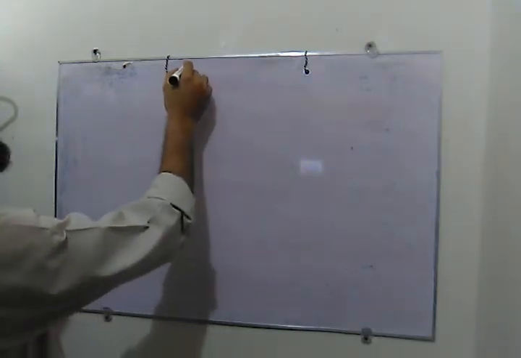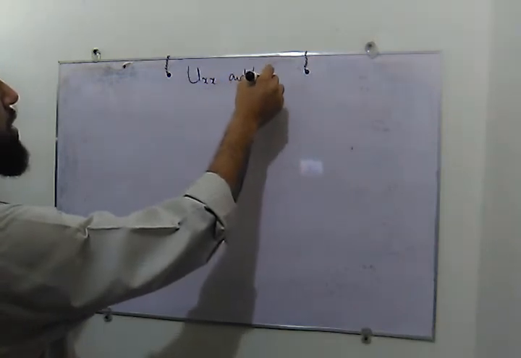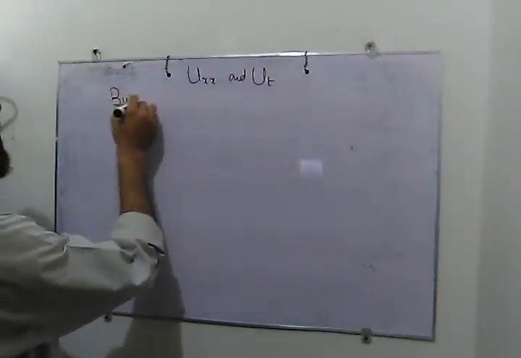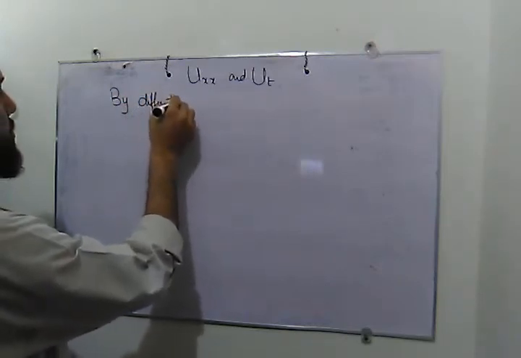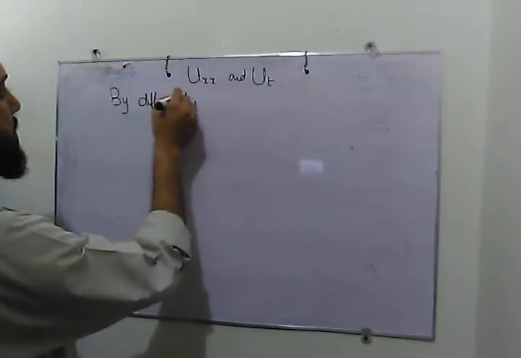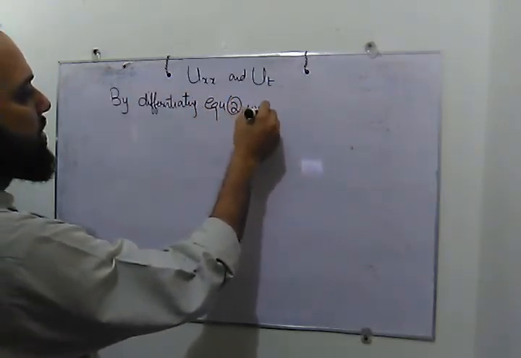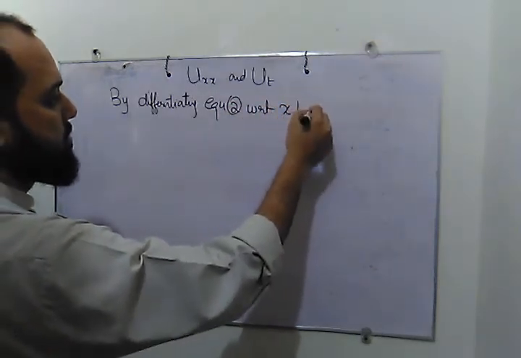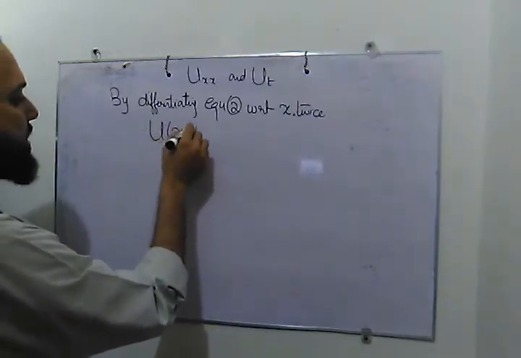Now we are going to take the derivatives because we need the values of uxx and ut, and we will get them by considering equation number 2. So we differentiate equation number 2 with respect to x twice.